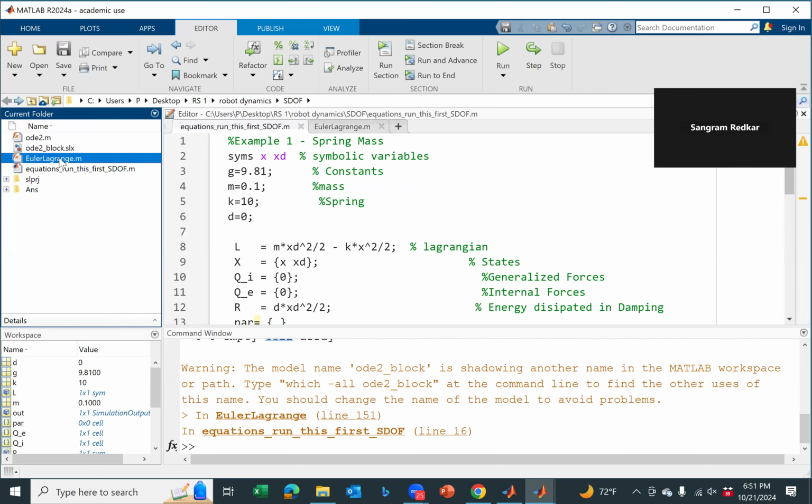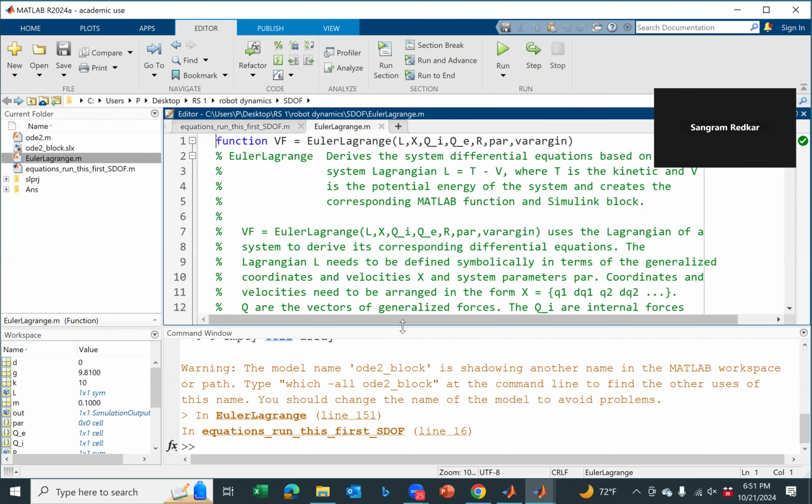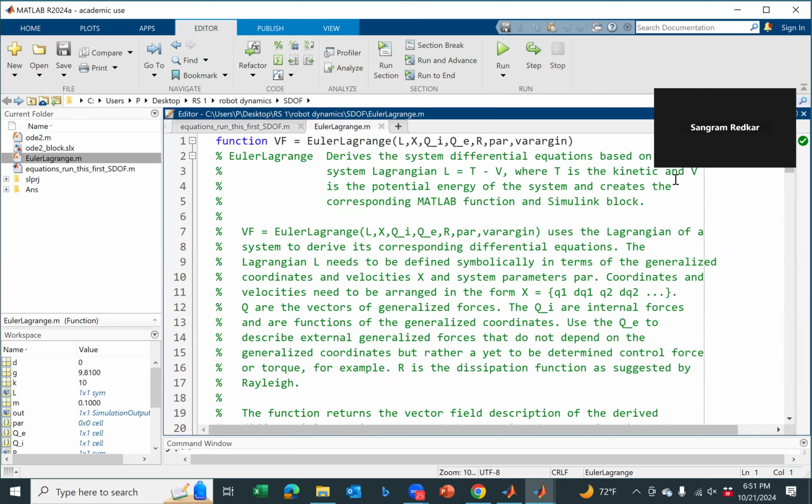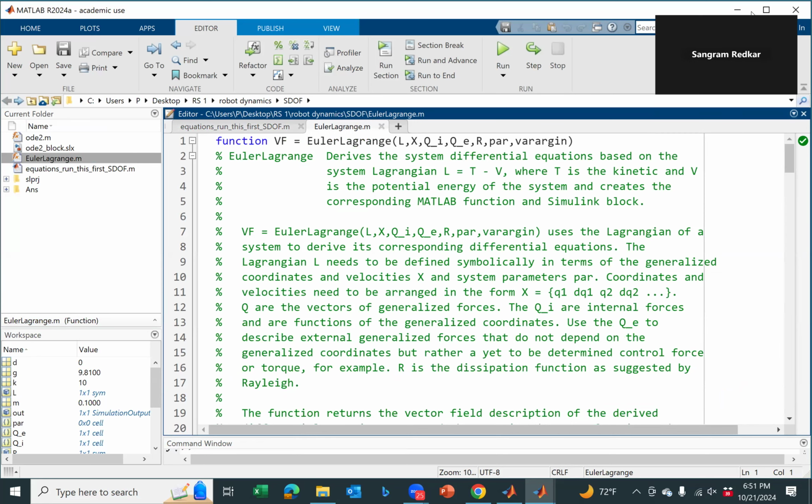The most important function here is called the Euler-Lagrange function. And this is a very complicated function and it is written by MathWorks. So I did not write this function, but we are going to use this function to solve robot problems. And you can do a lot of interesting things with this.